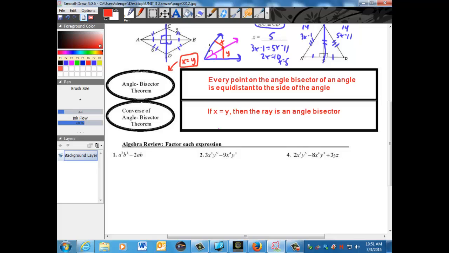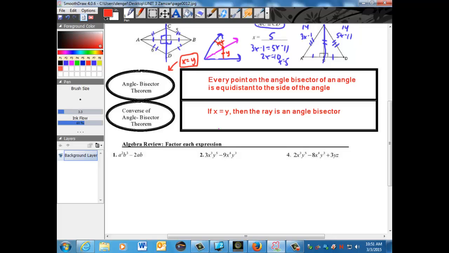And so this is based on our angle bisector theorem. The other thing that I can say is that if you were told that x was equal to y, and let's say we didn't know that these two angles were congruent. Let's just say that you had a ray, and you're told that x is equal to y, so let's put one mark here and one mark here.